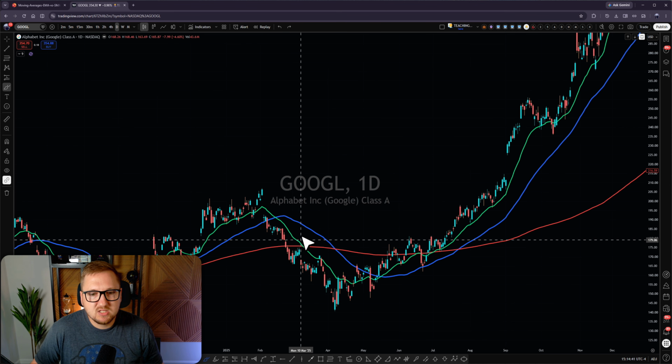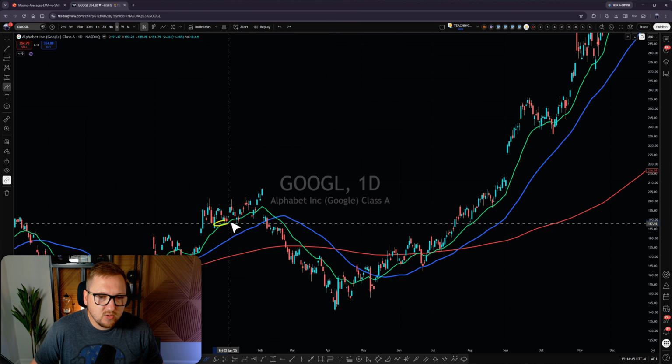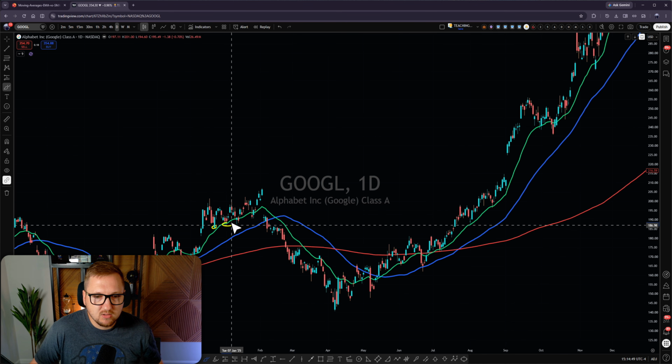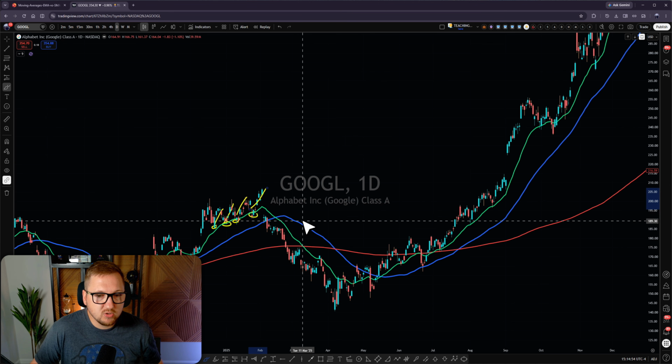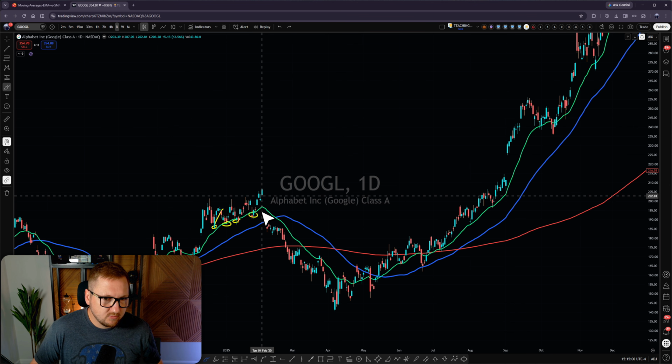So some ways to read this, right? Obviously on this little uptrend here, every time we came back into the 20 EMA, what happened? We got right around it and we bounced higher. Almost every single time over 2 months, right?